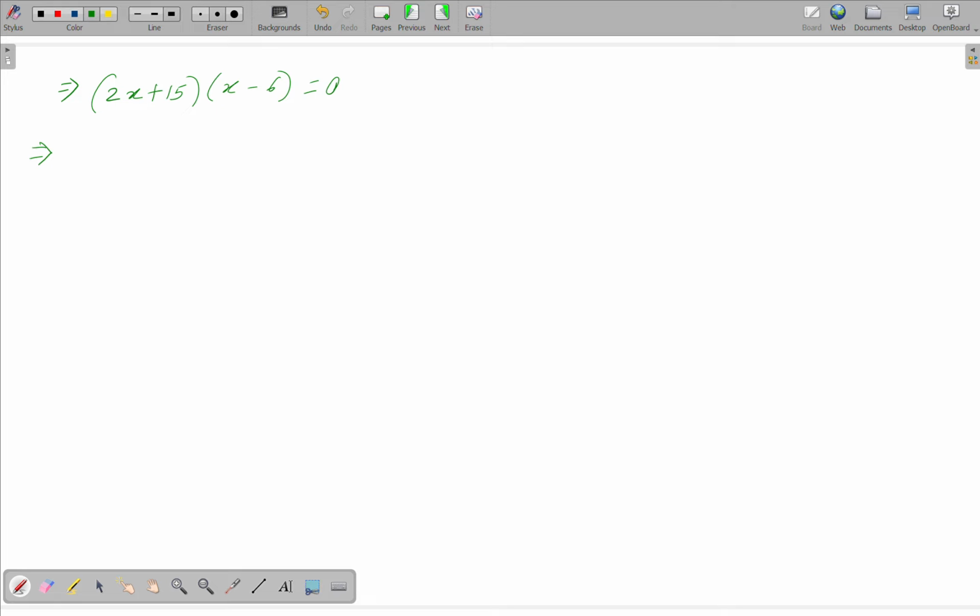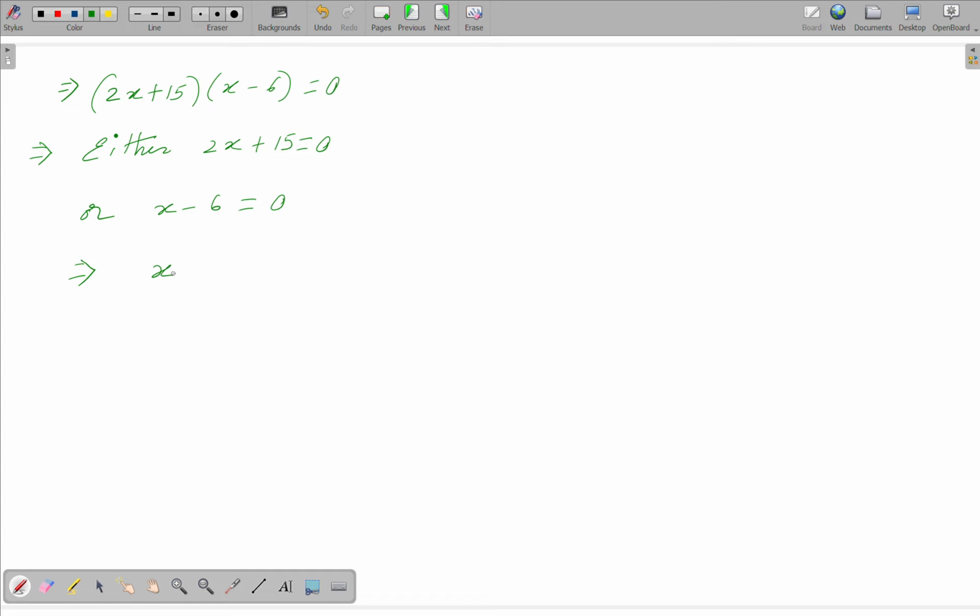That implies either 2x plus 15 is equal to 0 or x minus 6 is equal to 0.